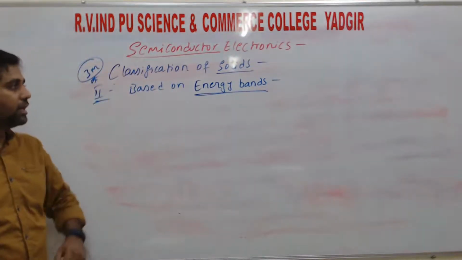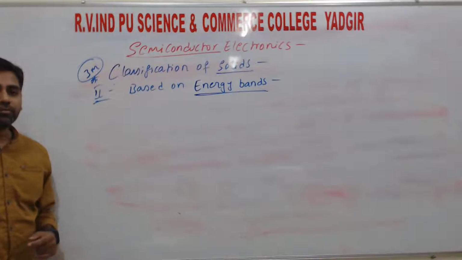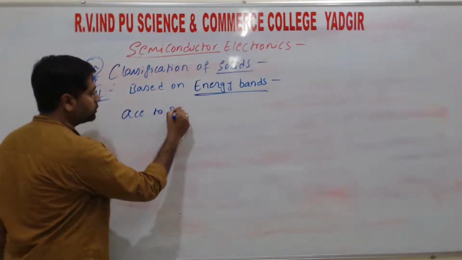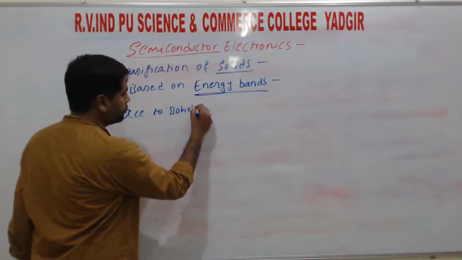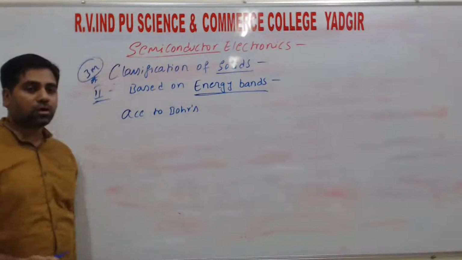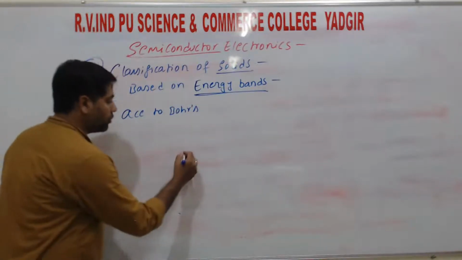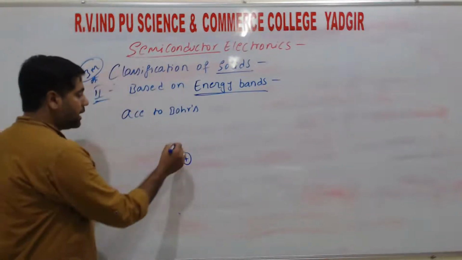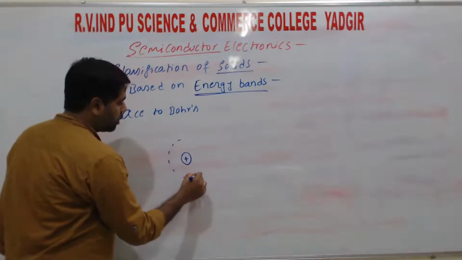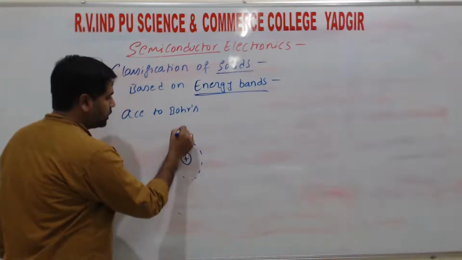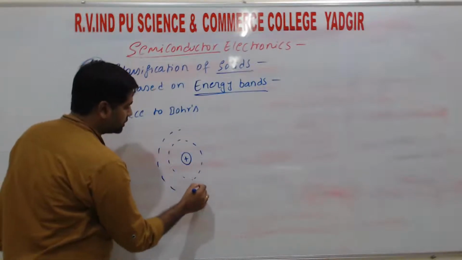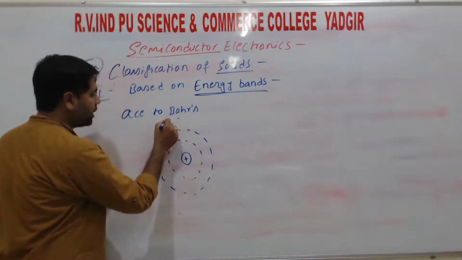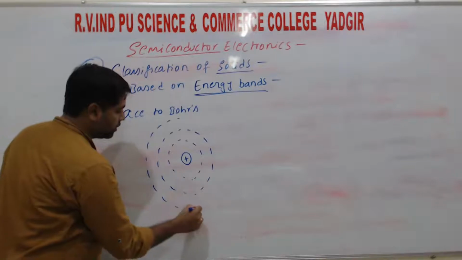As we already discussed in the atoms chapter, according to Bohr's atomic model, the nucleus is at the center and the electrons are revolving around the nucleus in different orbits, and each orbit has different energies.